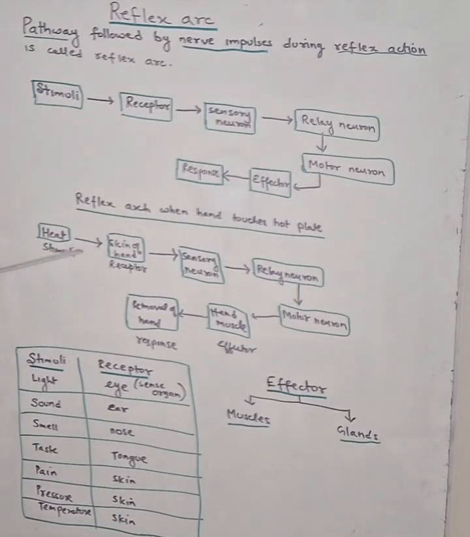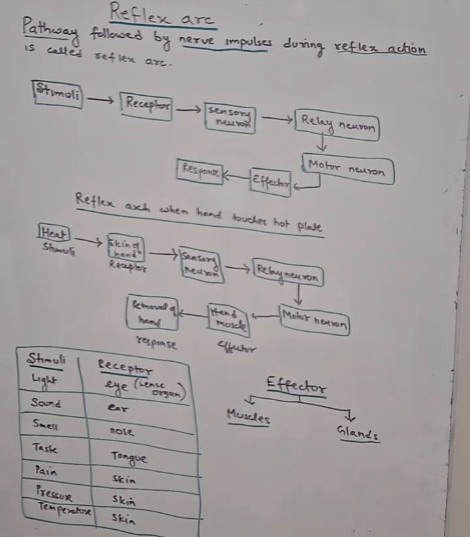I can make you understand this reflex arc by taking another example. For example, if a torch or a beam of light is focused in a human eye, what does the person do? The person will close his or her eye. The closing of the eye is the reflex action, and what will be the reflex arc for this? The stimulus will be the light. The receptor will be your eye.